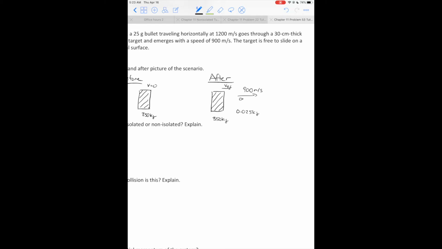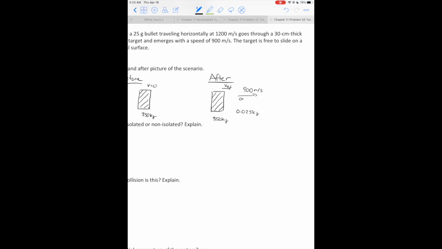How do we know that it's moving to the right? Well, if our bullet goes through it, just by intuition alone, I don't know if I've ever seen a scenario in which something has gone through another object and that other object moves forward.